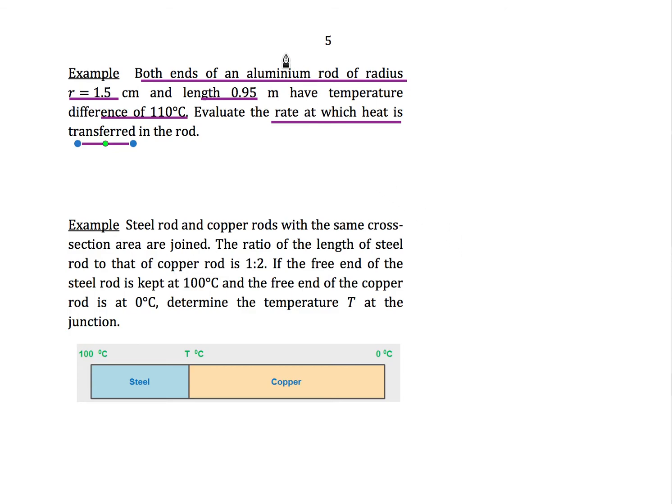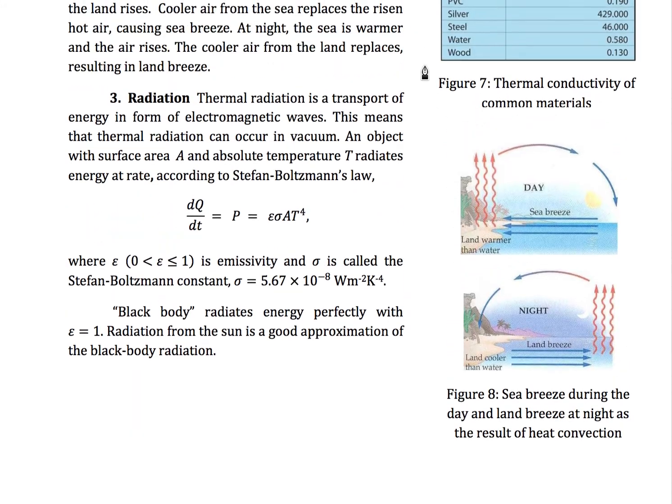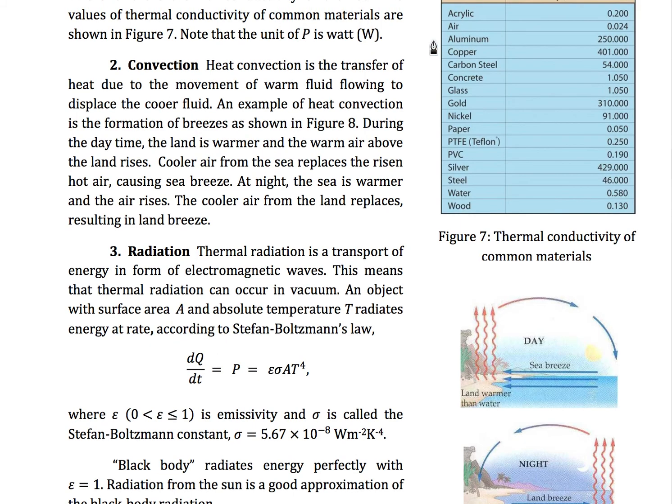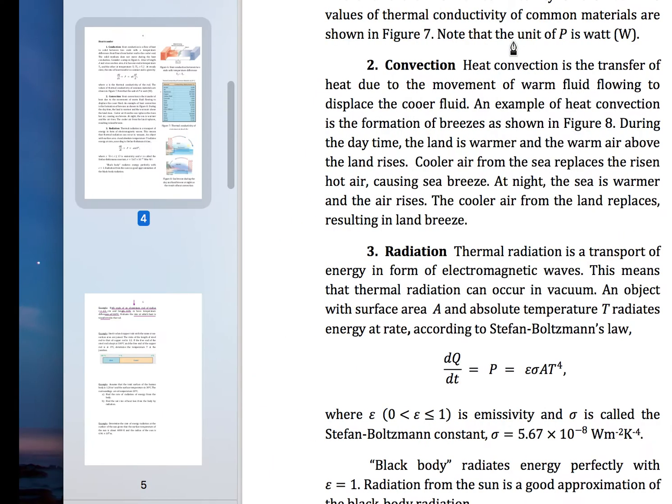This constant depends on the material that you use. Here we have the aluminum rod, so you want to look at your table for the value of aluminum, which is 250 watt per meter per Kelvin.